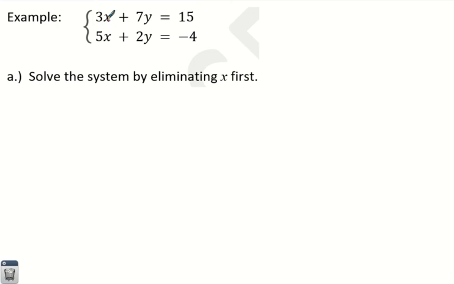So I can't change 3x into a negative 5x without getting messy. But what could I change both of these into? I could change a 3x into a 6x or a negative 6x, a 9x. I'm thinking of if I multiplied by 2, or by negative 3 or negative 2.